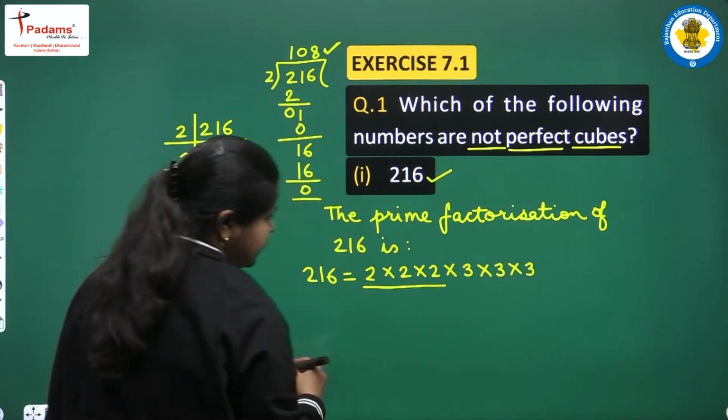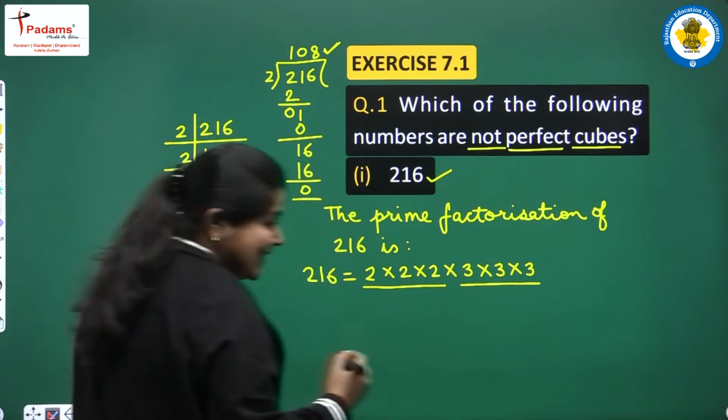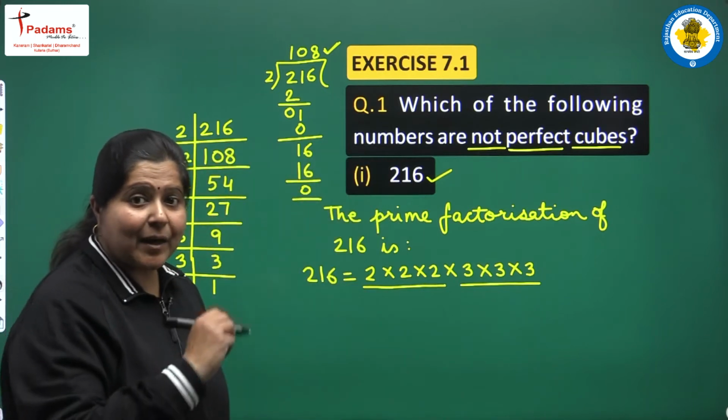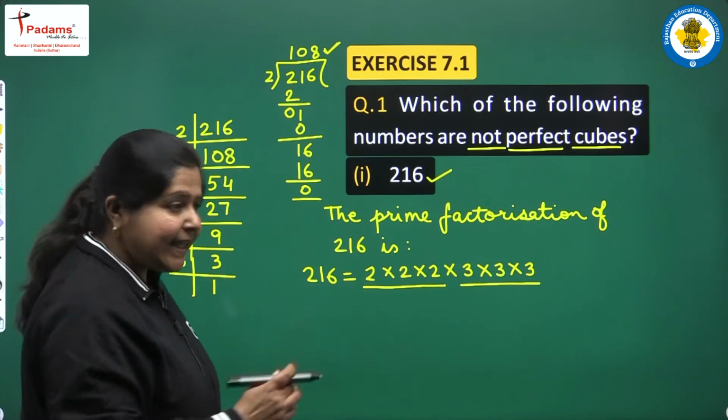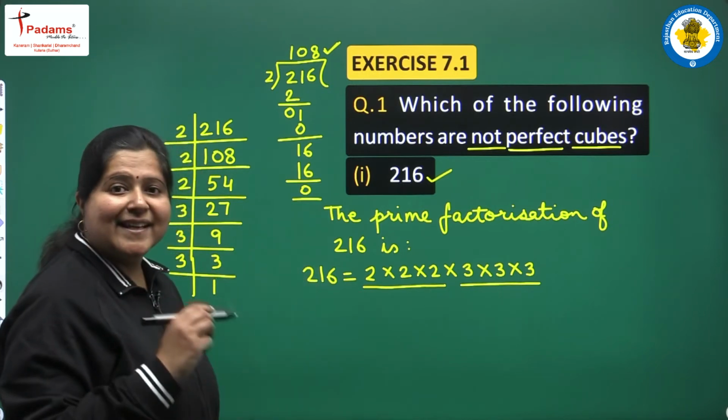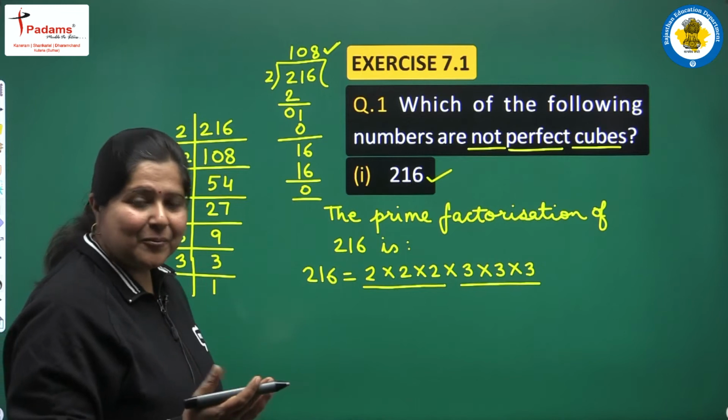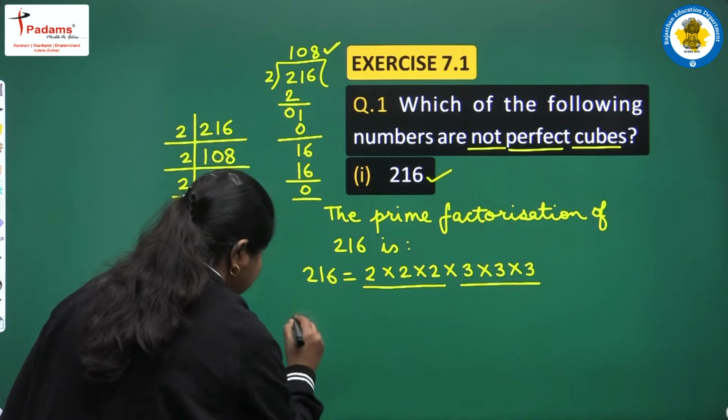ये हो गया first triplet, this is the second one and yes, both these factors are appearing in groups of 3. Triplets हमें मिल रहे हैं और इसलिए ये number 216, it is a perfect cube. Let us write it here.